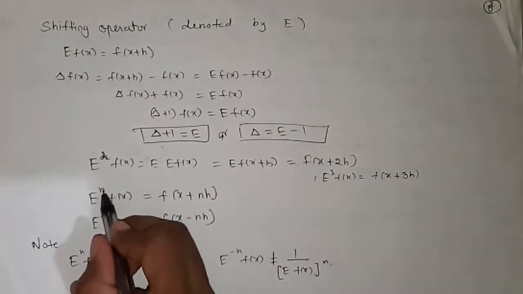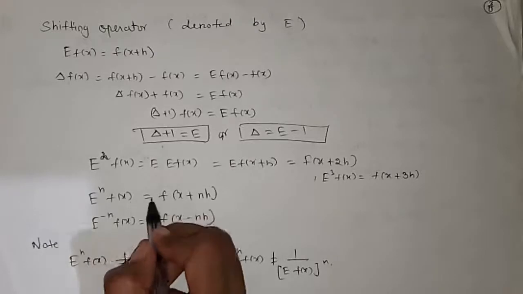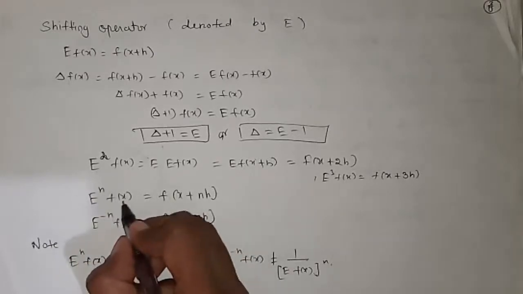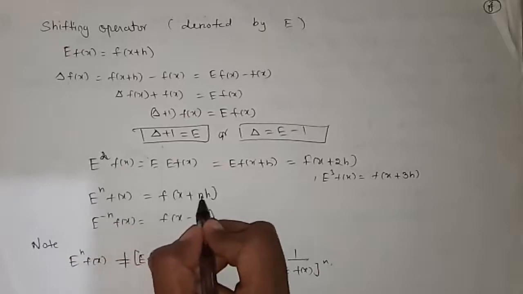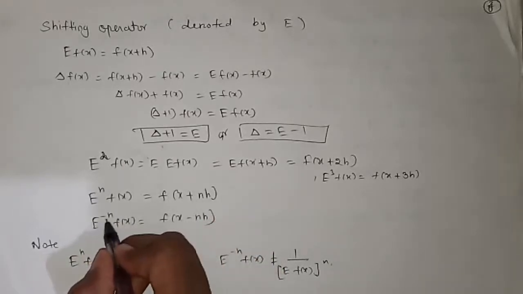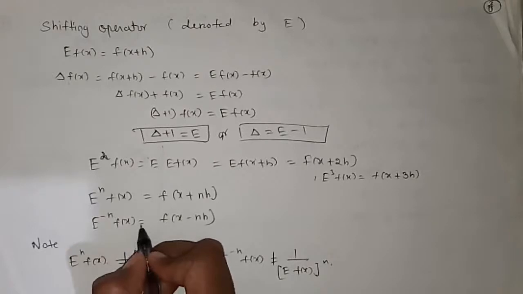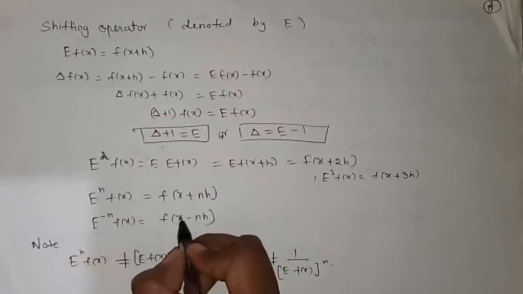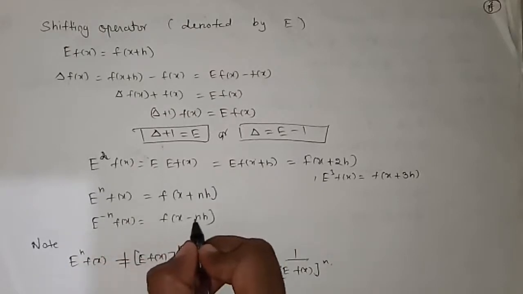Similarly, if we have Eⁿ f(x), then this E operator will shift our f(x) to f(x + nh). And if we have E⁻ⁿ f(x), then it will shift our f(x) to f(x − nh).